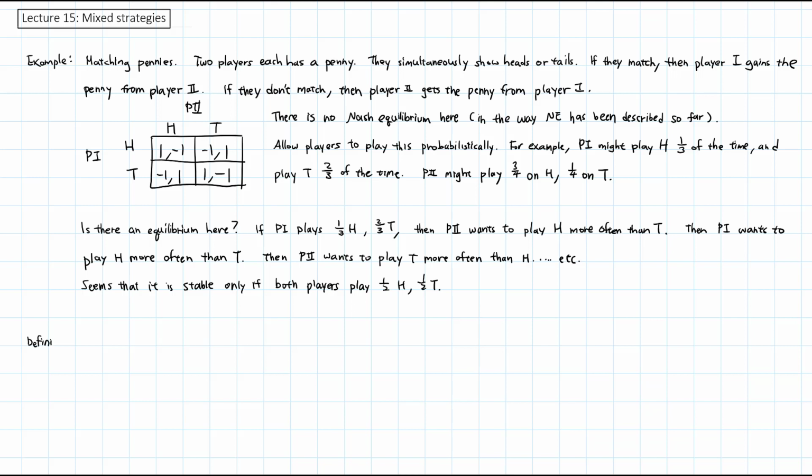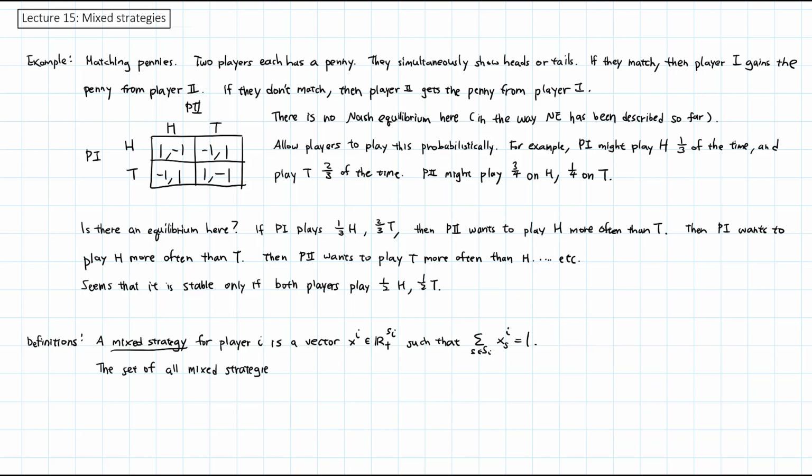We now give some definitions and notations. A mixed strategy for player i is a vector x_i, which are non-negative real numbers indexed on the strategies for player i, such that the sum of all the numbers over all strategies for player i is 1. This is the probability distribution over the strategies of player i. The set of all mixed strategies for player i is denoted by Δ^i.